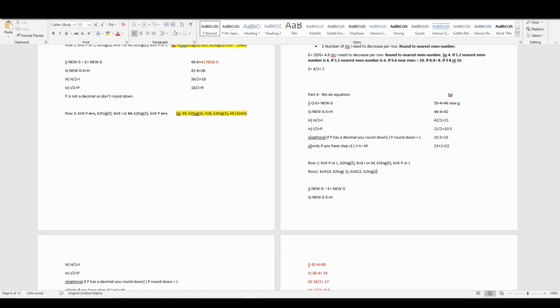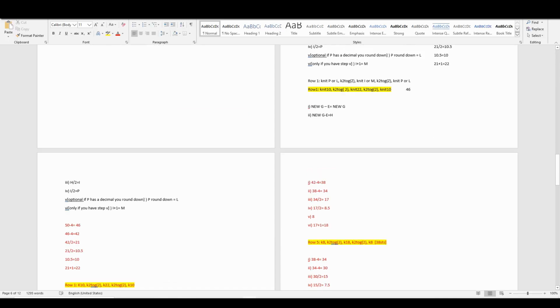Knit 2 together, Z, which is 2. And then knit P or L, because we have L, we're using that, which is 10. And that's our number. If you add that all up, that will give you 46. 10 plus 2 plus 22 plus 2 plus 10, 46.